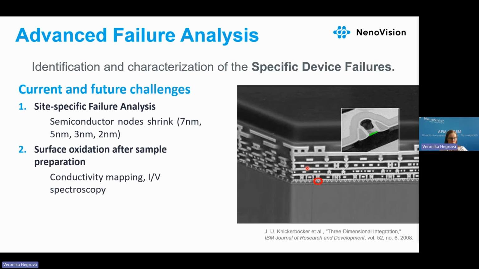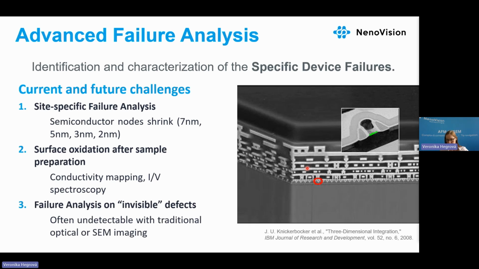Surface oxidation plays quite a role, especially for conductivity mapping or IV spectroscopy, to have good data analyzed, not covered with some oxide. And last but not least, analyzing the invisible defects, because many times the failure analysis ends with no defect found, as it was simply not detectable with the traditional optical or SEM imaging.